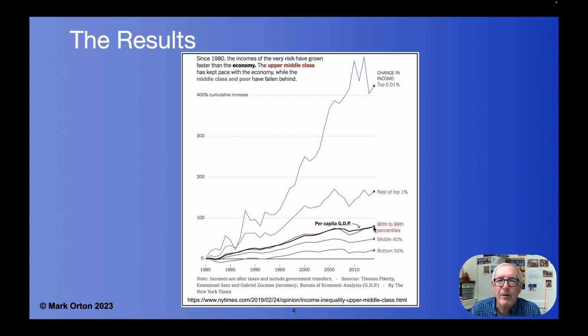If you were at the 90th percentile and really up to the 95th, you kind of kept up with your share of GDP, but it's really the top 1% and then the top hundredths of a percent that won the sweepstakes. And just to remind you, the top 1% is 3.3 million people. The top 100th of a percent is 33,000 people out of a total population of 330 million. So that's what things look like today.